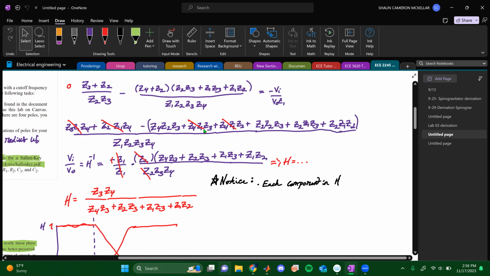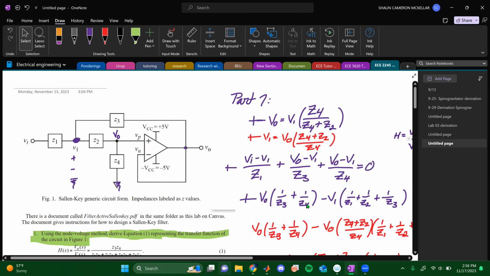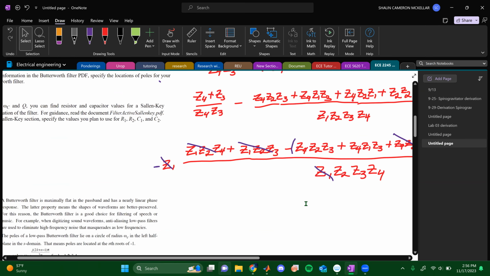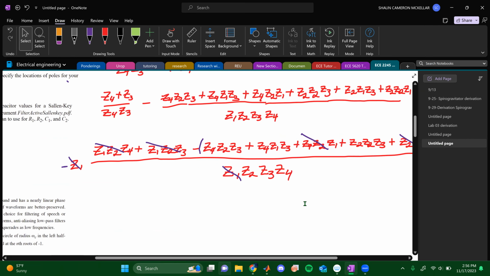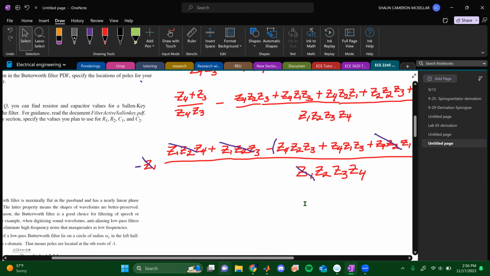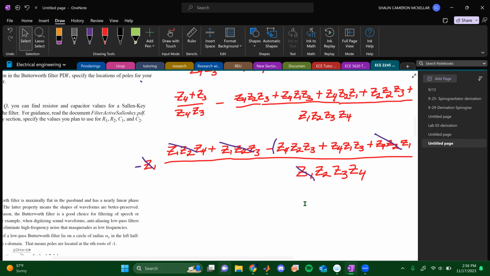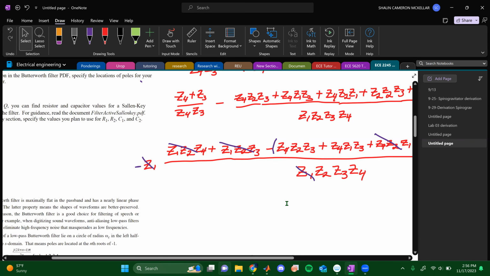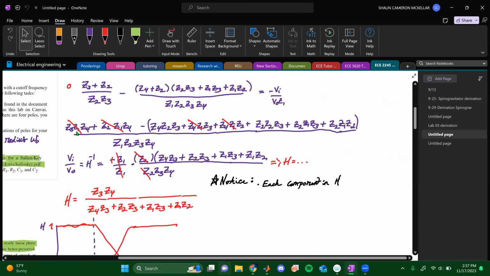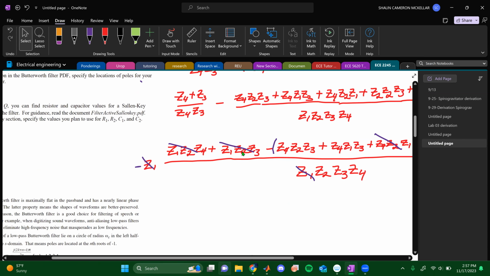Oh, I guess the 413 term. Did I cross out the wrong one? Should have a 314 and a 214.